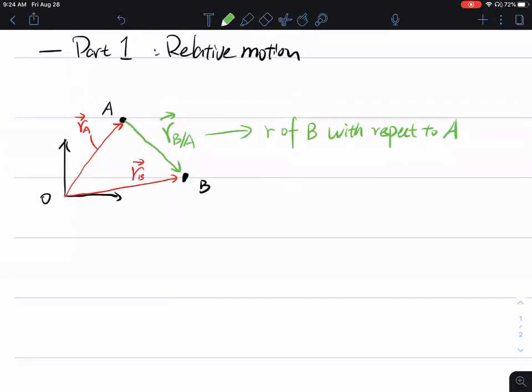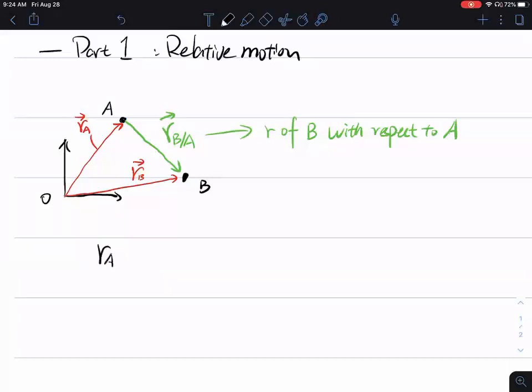All right, from what we learned in vectors, we know we can add the head and the tails of the vectors together, right? So here we have this vector RA. This vector can add this vector, and the result would be this vector RB. That's something we learned from vectors a long time ago, probably.